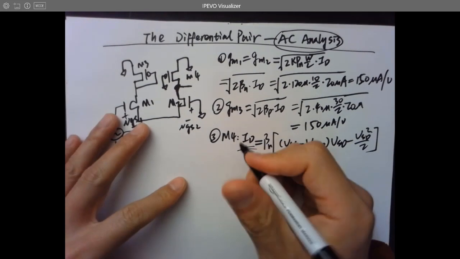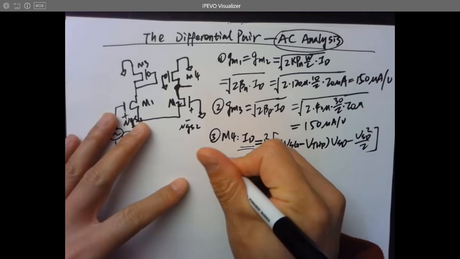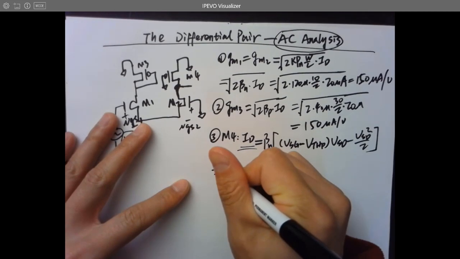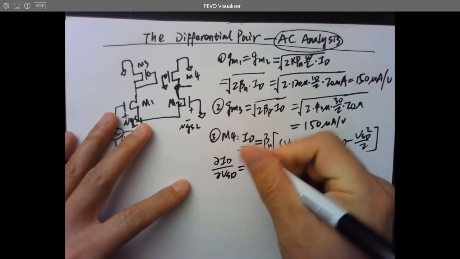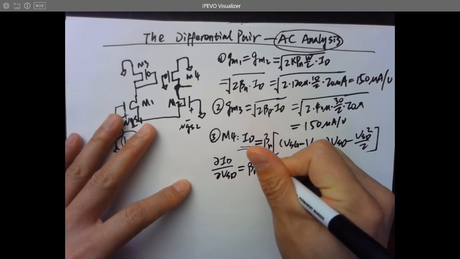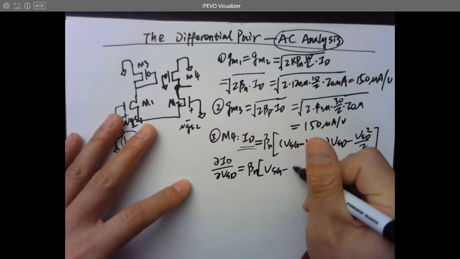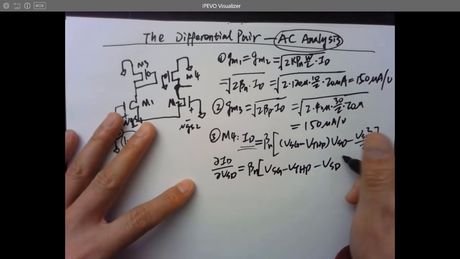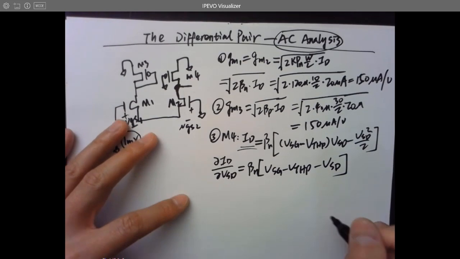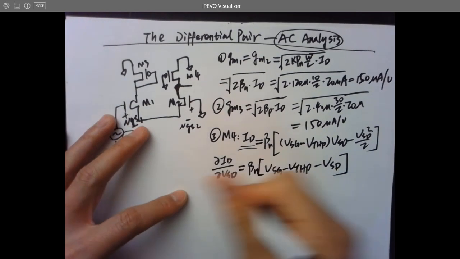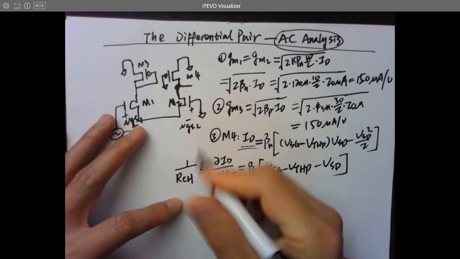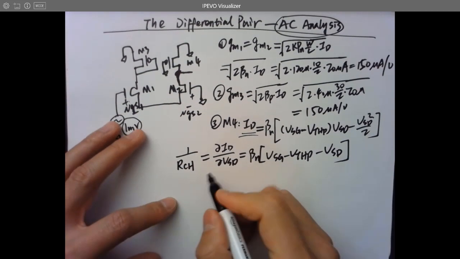Because it's being operated in the linear region, it's performing like a resistor. When you take the derivative of ID over VSD, you get beta n times VSG minus VTHP minus VSD. This equals 1 over the resistance of the channel, R channel.